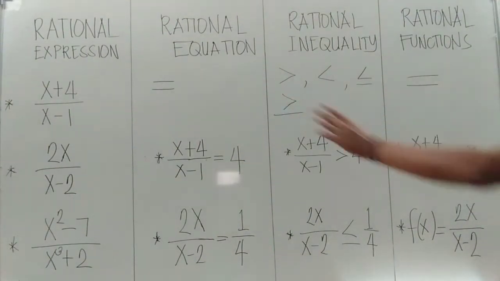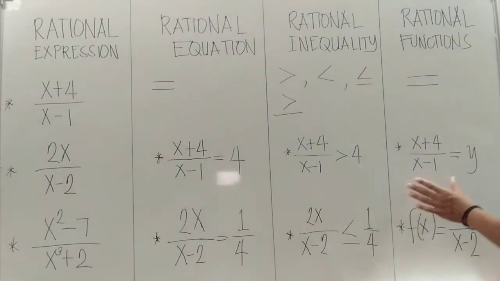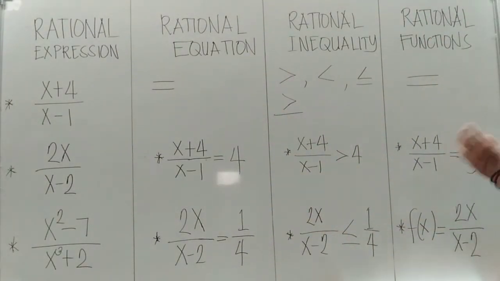So an equation is always equal to any quantity, while your function is always equal to any variable. In this case, x plus 4 over x minus 1 equals y.